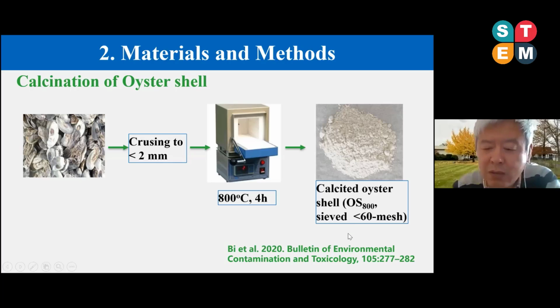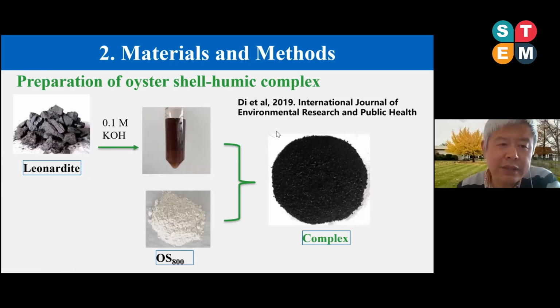So this is one of the raw materials we use. And the second raw material is humic substance. So we bought some leonardite. As many of you would know, leonardite is a kind of brown coal. It's a cheap coal because its heat intensity is very low.